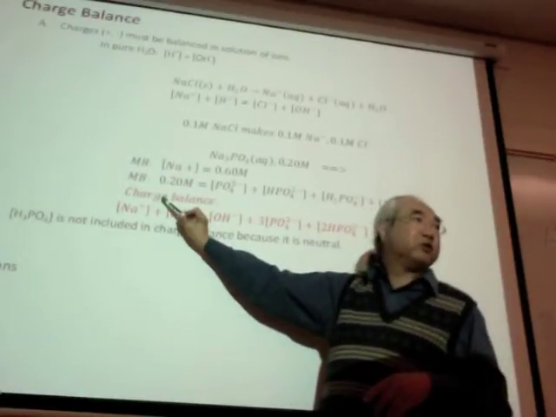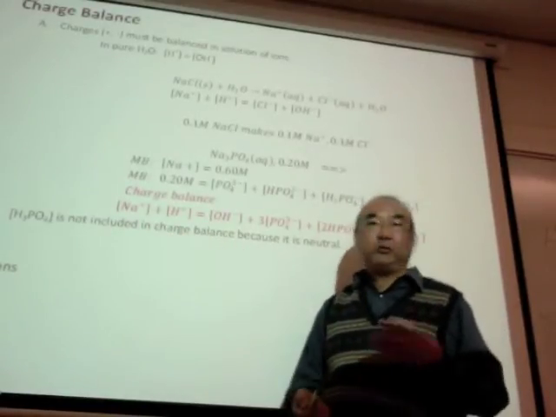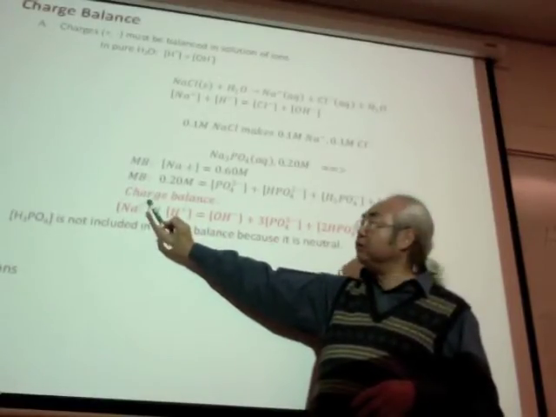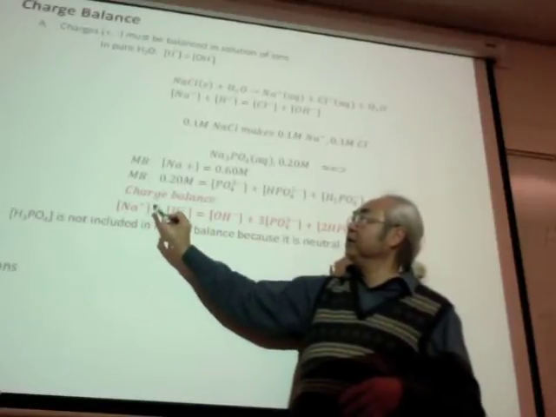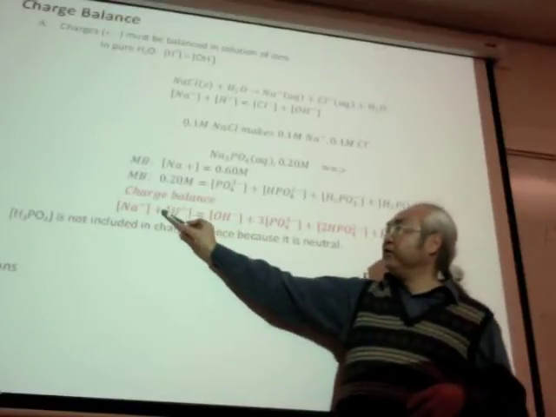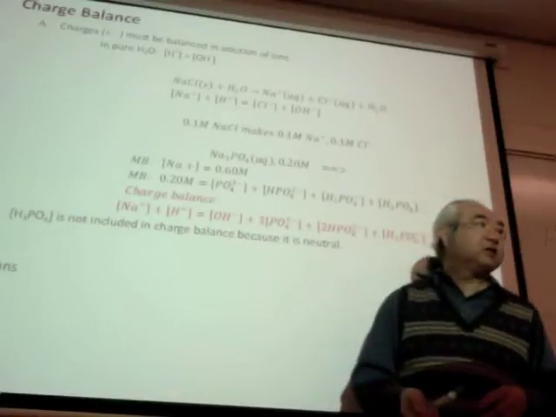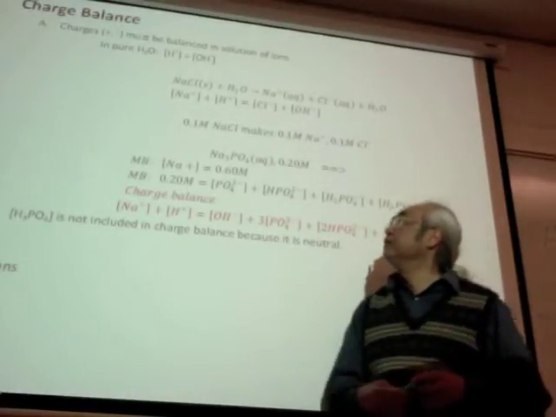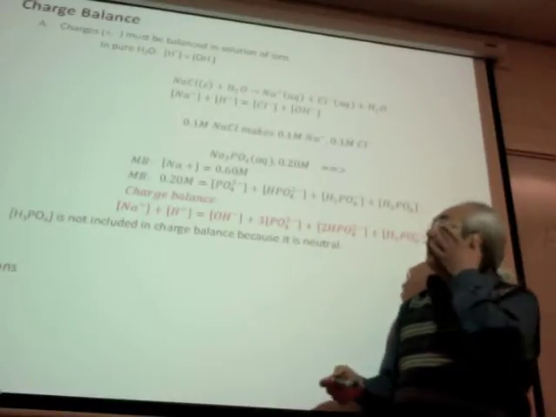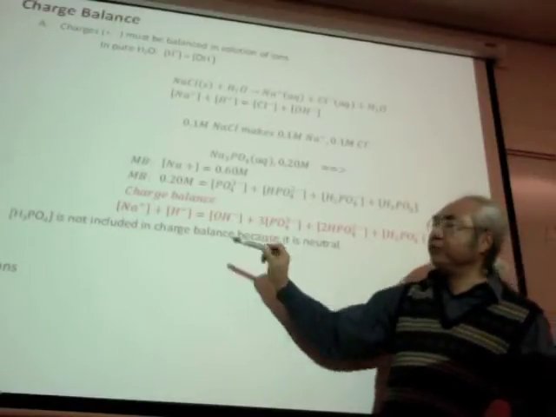Positive ions on one side, so sodium, just 1 charge, so the contribution from the concentration is 1 charge, so you multiply by 1. Then here is 1 charge multiplied by 1 as well. Then it's balanced for the negative anions, so hydroxide is automatically there. The hydroxide has a negative 1 contribution.